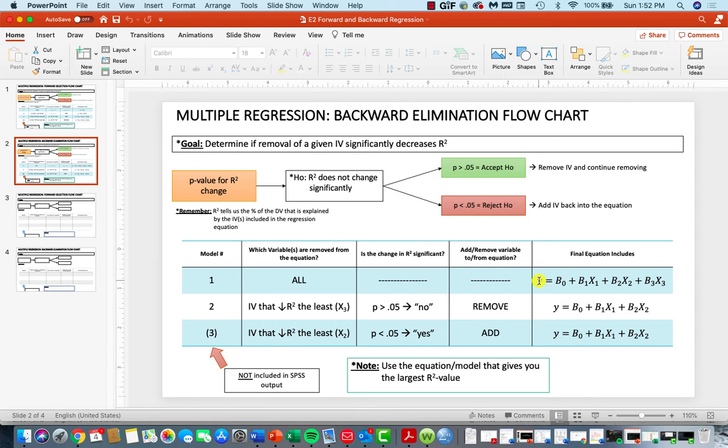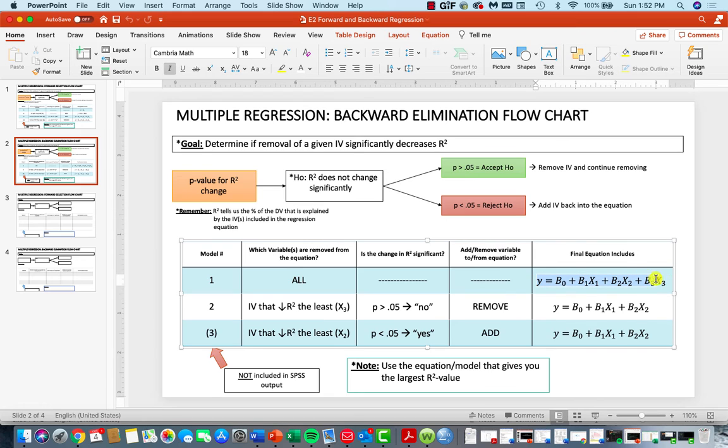So let's say we start with 3 different variables, and we get this equation to start with. The process that we're going to use in backward elimination is removing the independent variable that decreases R squared the least. So it's just the opposite of a forward selection method. In this case, we're saying x3 decreases R squared the least.